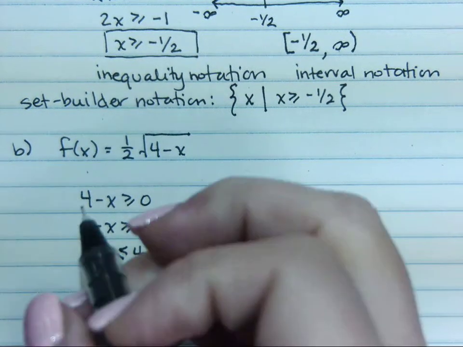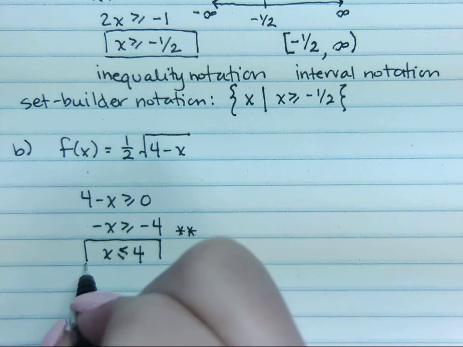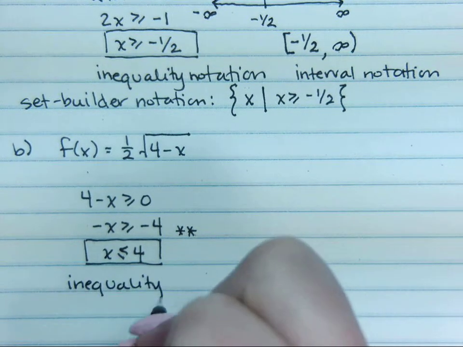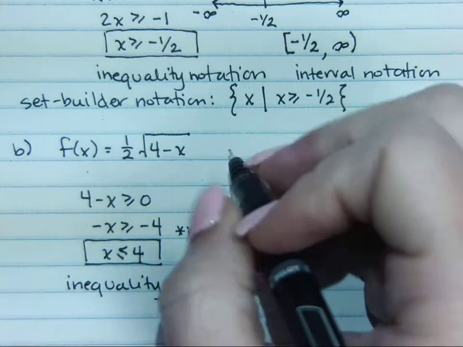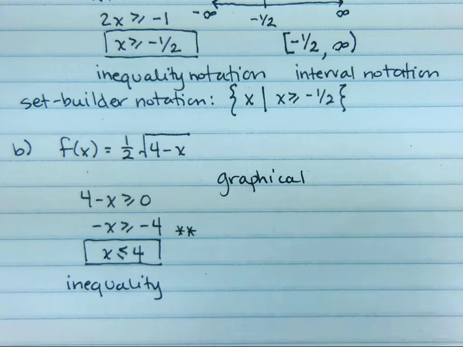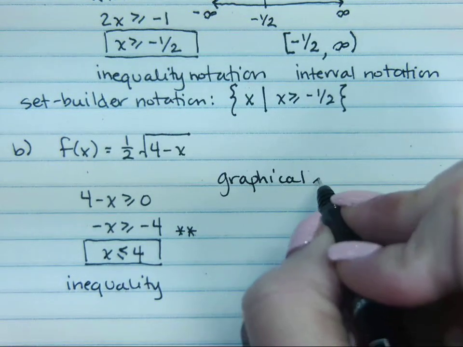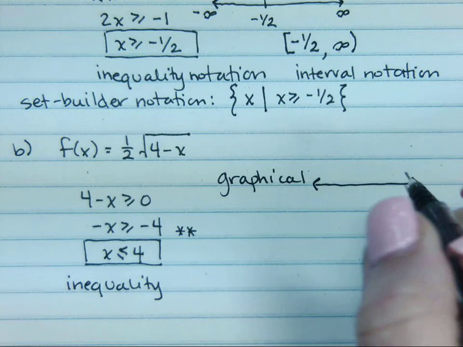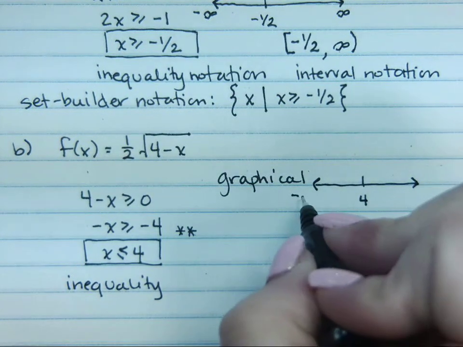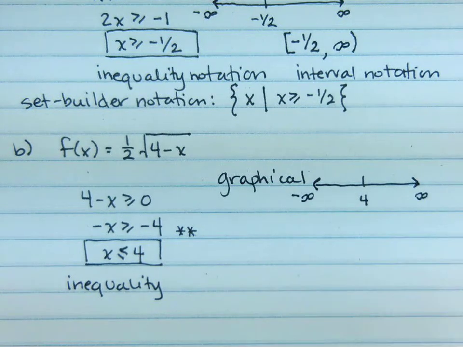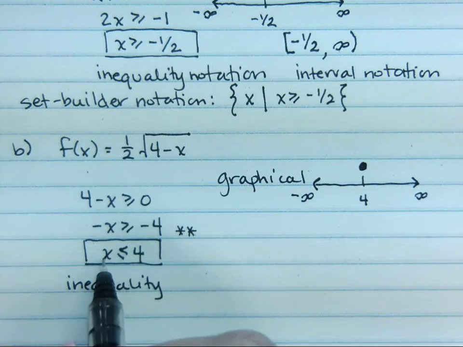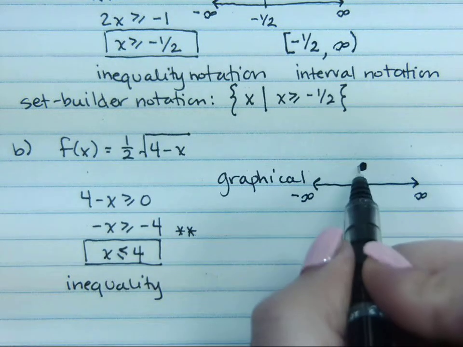So again, I'm going to box this as my inequality notation. Then I'm going to write my other types of notations. I'm going to write my graphical first. That's just a quick little sketch, and I usually just place the number in the middle so that I can see which direction I'm going to go. Because of the equal to part, I want all the values for x that are less than 4, which means I'm going to go this direction.